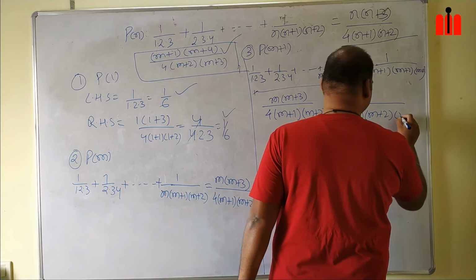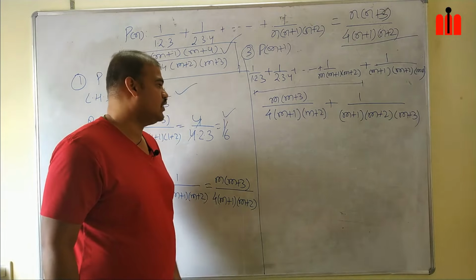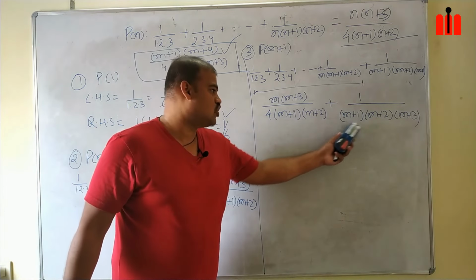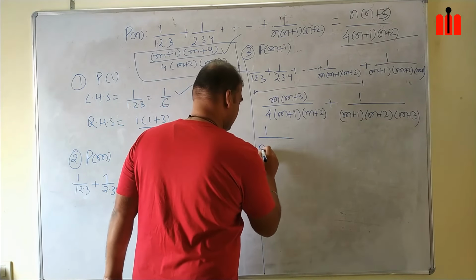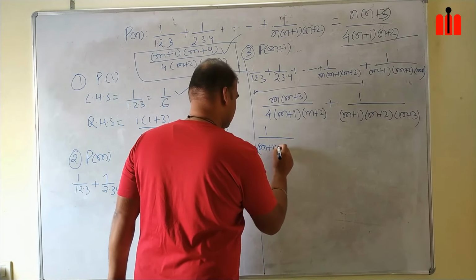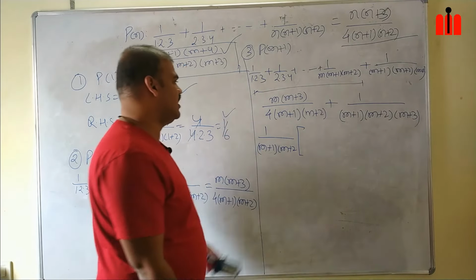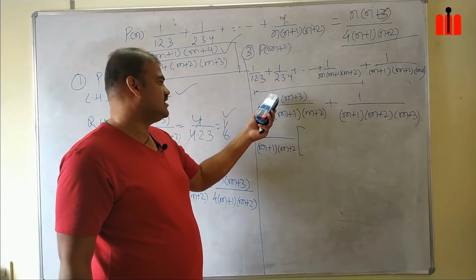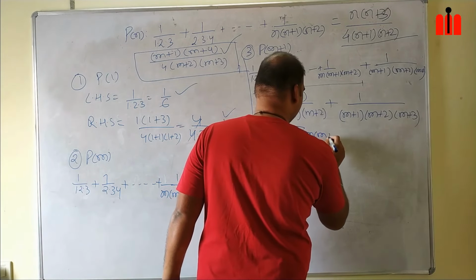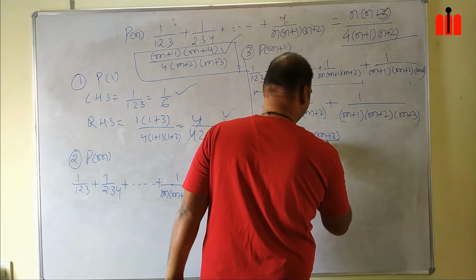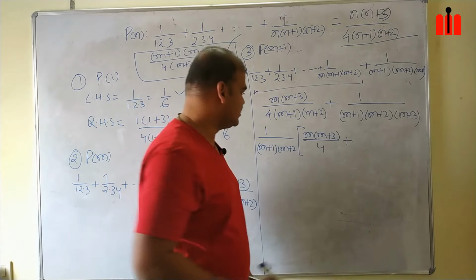Now m plus 1 m plus 2 is common in the denominator, so let's take that out. We are left with m into m plus 3 by 4, and in the second term we are left with 1 by m plus 3.